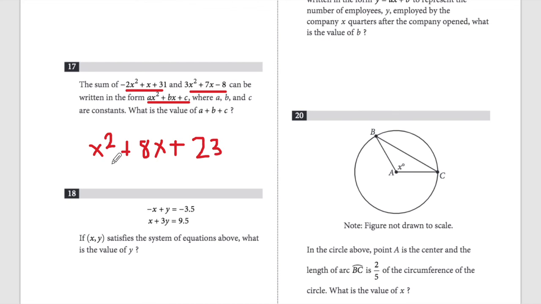Now we have 1 plus 8 plus 23 as my coefficients. 8 plus 23 is 31, 31 plus 1 is 32, so my answer is 32. The reason why this is right is because this is A, this is B, and this is C, after you sum them.